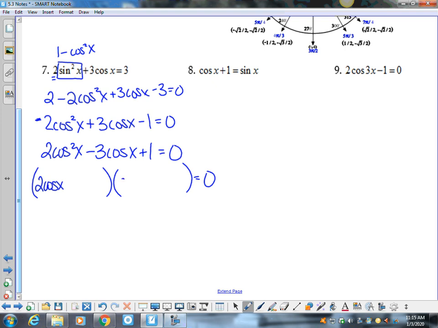So 2 cosine x and a cosine x. And that would give me a 3 and a -3, so I need both these to be negative. So then I'm going to take both of these and set them equal to 0 and solve it.